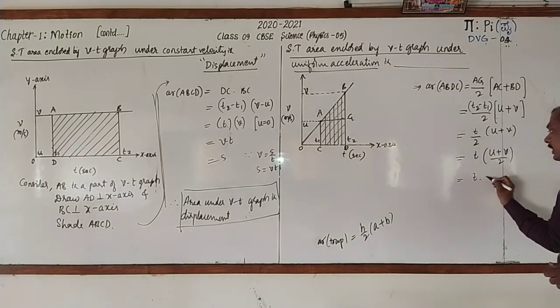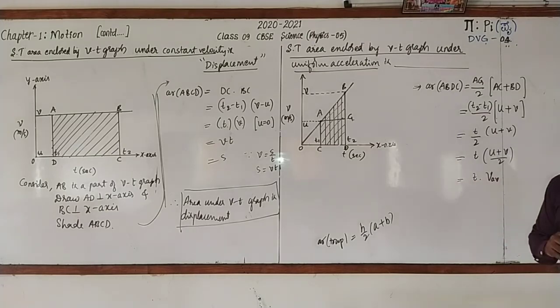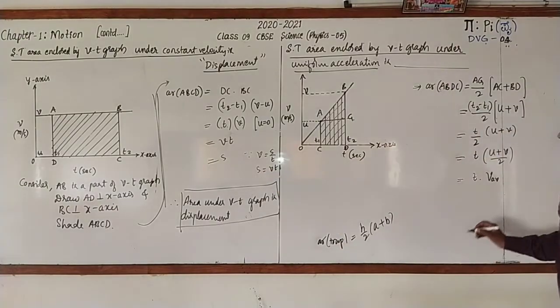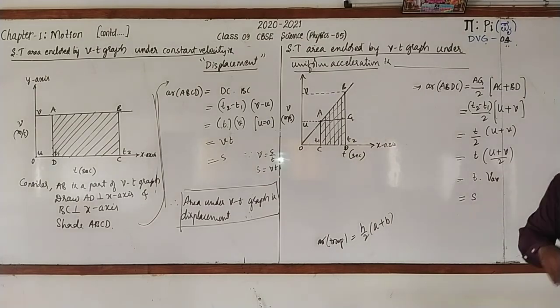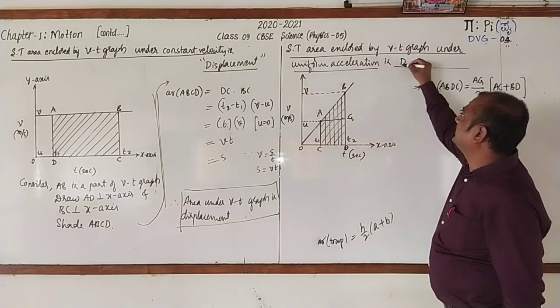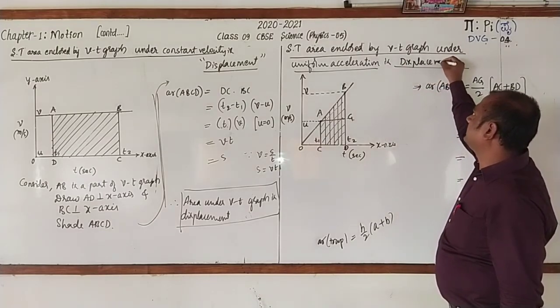Hence I can write T into V average. Then just consider the average velocity as V. What is VT? Again, VT is nothing but displacement. I can write S. What does S represent? It is displacement.